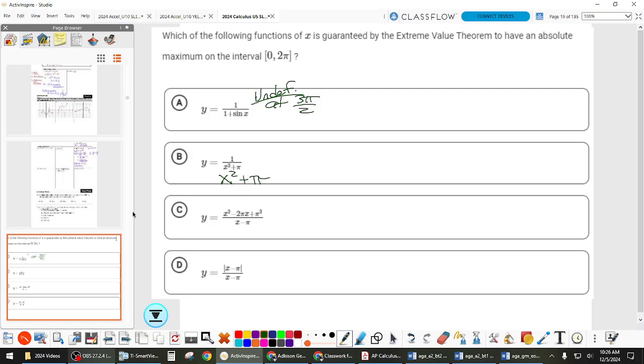Of course, x minus pi, but we have this numerator. We could factor the numerator, potentially cancel x minus pi. But that still would continue to be, I mean, it's going to have a hole right there.